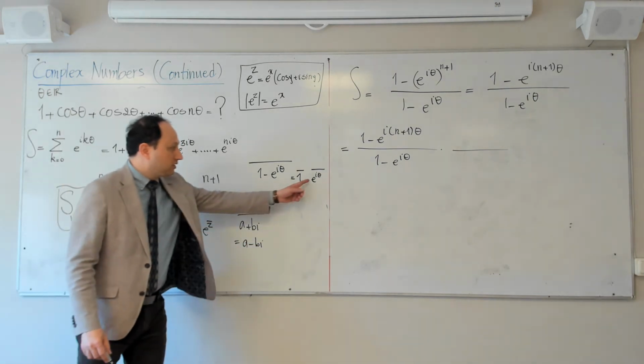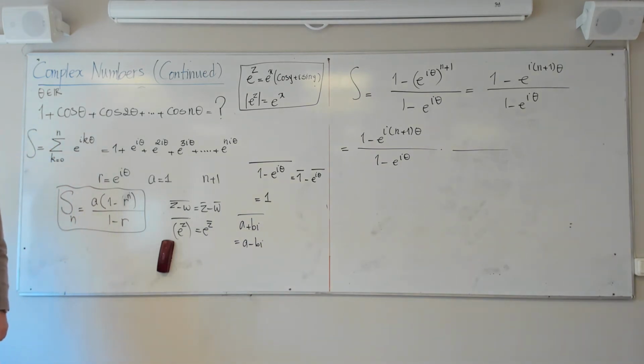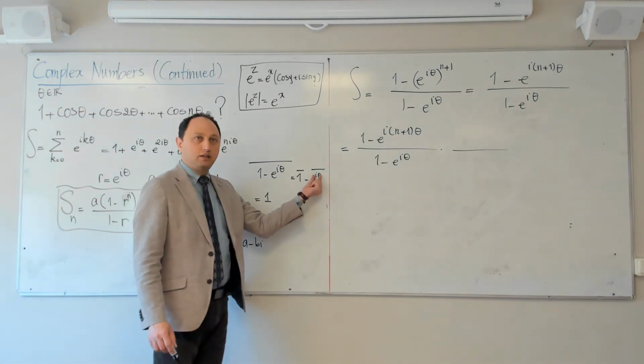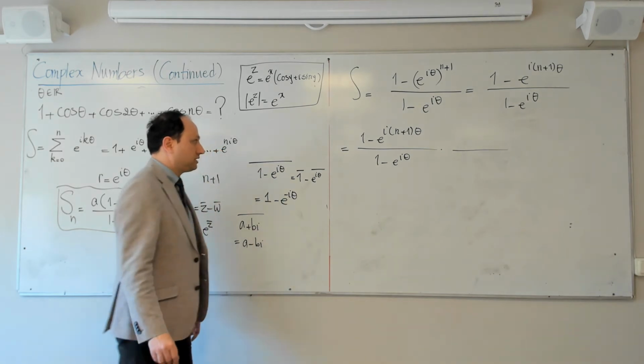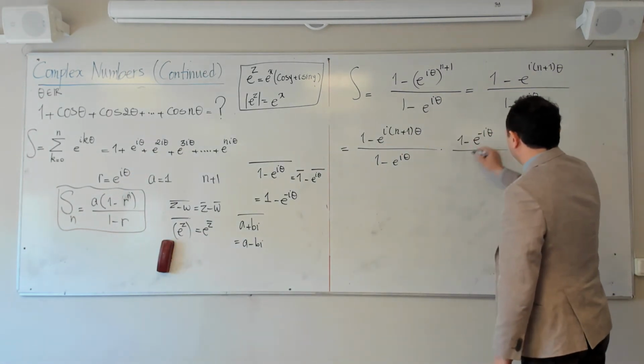Now can you tell me what is the conjugate of this? Yes? e to the power of negative i theta, because the conjugate will go here and it changes sign. So this becomes e to the power of negative i theta. Exactly. So I have to multiply this.